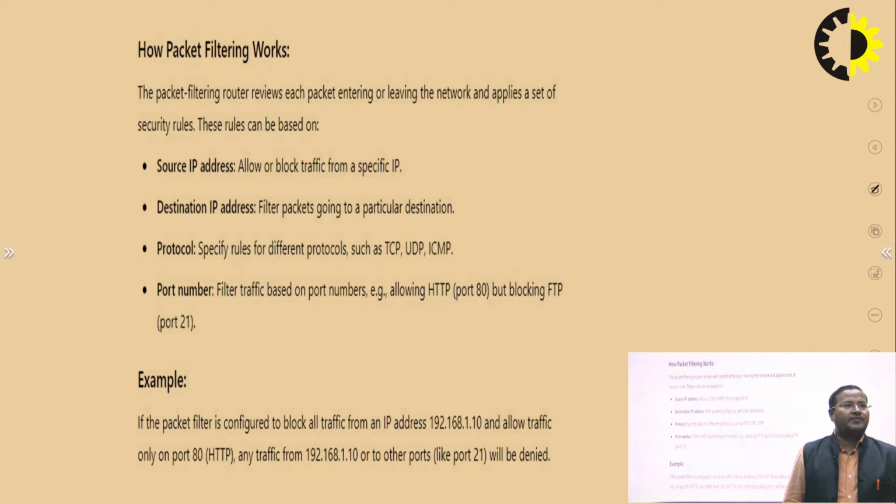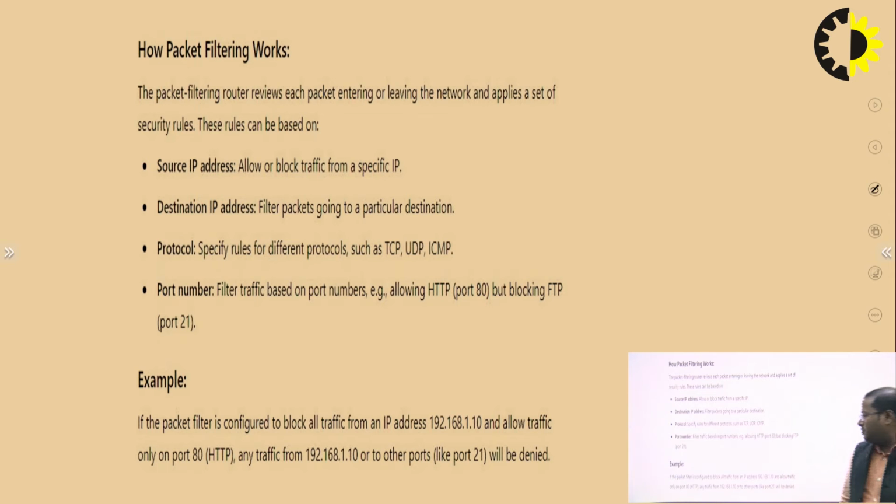So how does packet filtering work? The packet filtering router reviews each packet entering or leaving the network and applies a set of security rules. These rules can be based on source IP address, destination IP address, protocol, and port number.